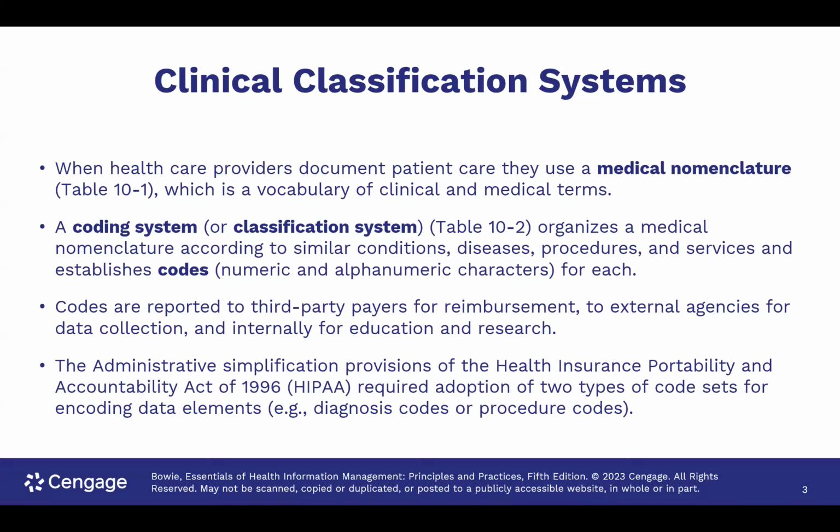Codes are basically alphanumeric strings or numeric strings, depending on the system, for each. These codes are reported to third-party payers for reimbursement. They're reported to external agencies for data collection and internally for education and research.